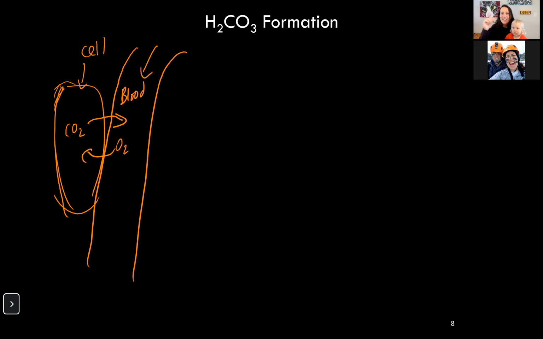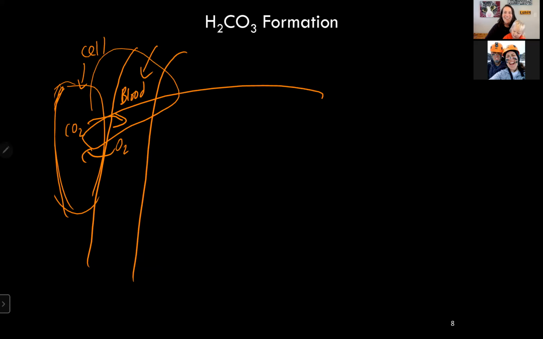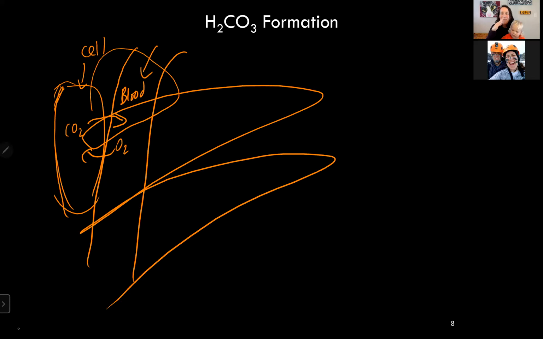Are going to freely exchange. So there's lipid layers here. And remember, they're hydrophobic and they don't want anything polar coming through the membranes, but things that are non-polar can come through the membranes.